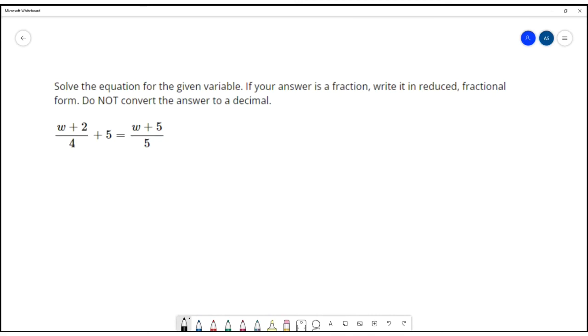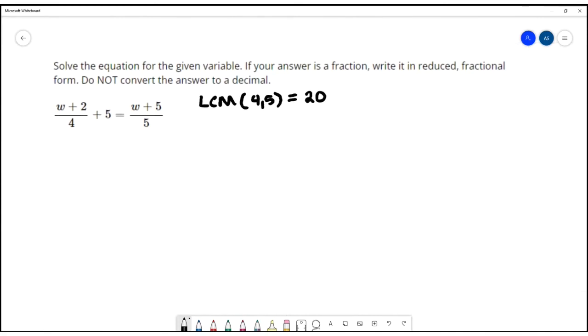With the clearing fractions method, I'm going to first find the least common multiple of the denominators 4 and 5. I could just multiply these two numbers together to get 20.